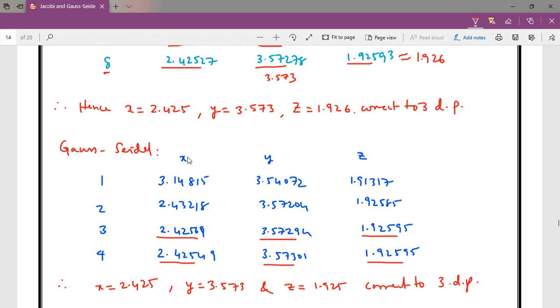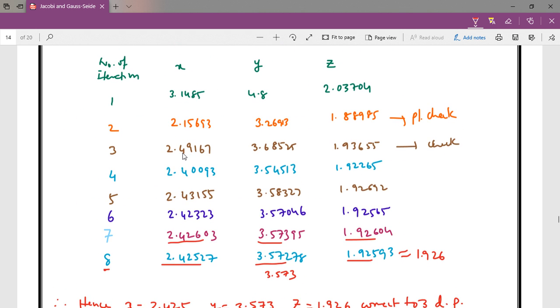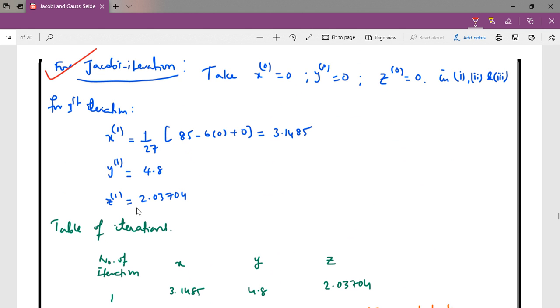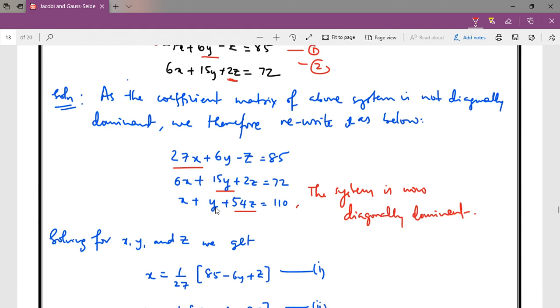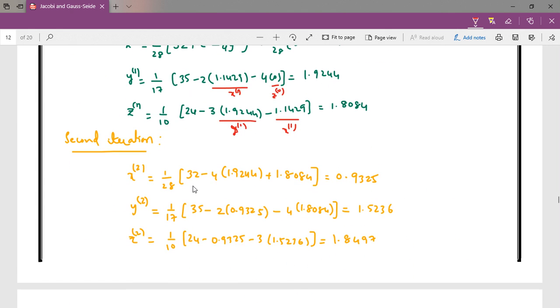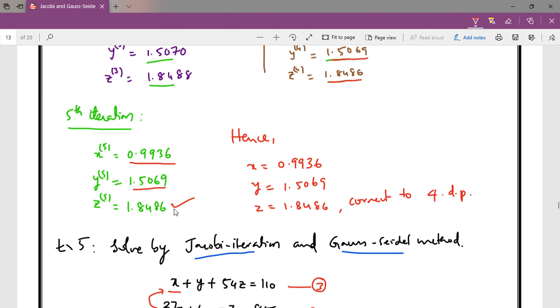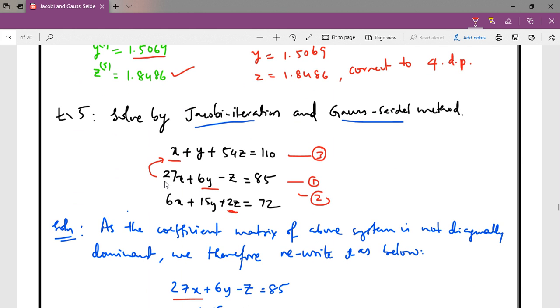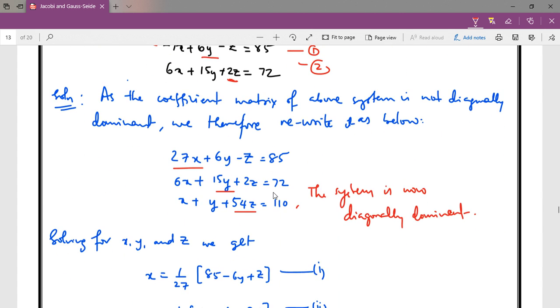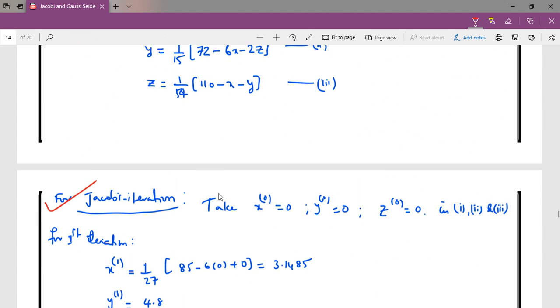Okay, so you can just give this table of iterations for both Gauss-Seidel as well as Jacobi iterations, provided initially you explain the first 2 iterations as we did in the previous example. For the third and fourth we have just mentioned the values calculated by the calculator.